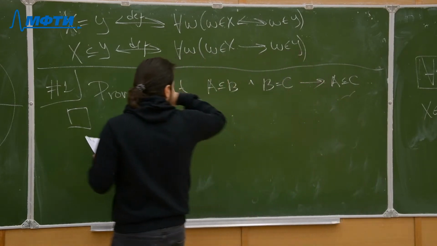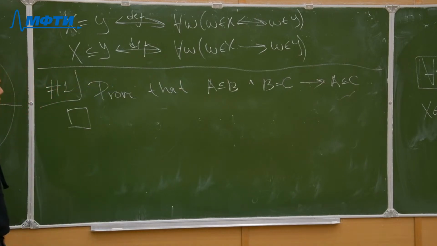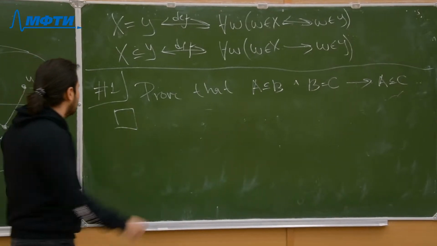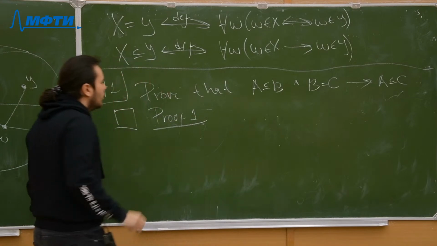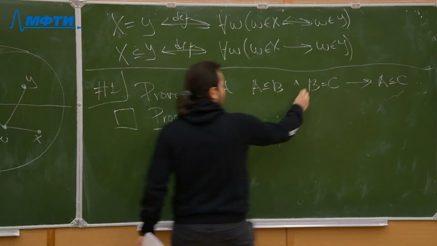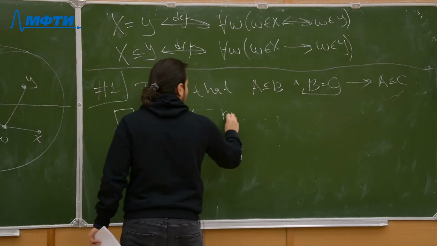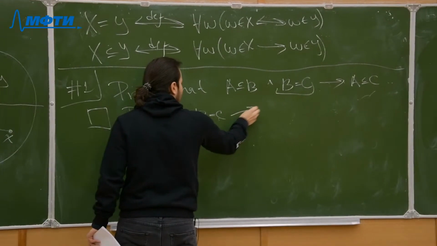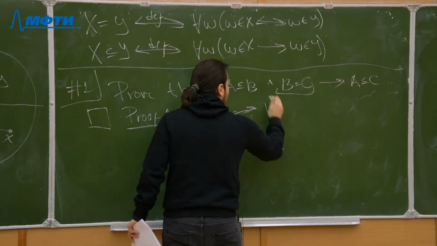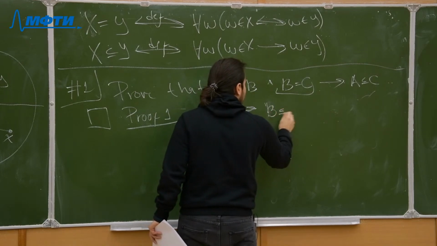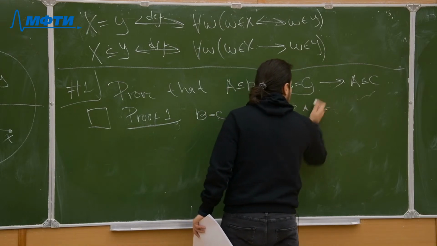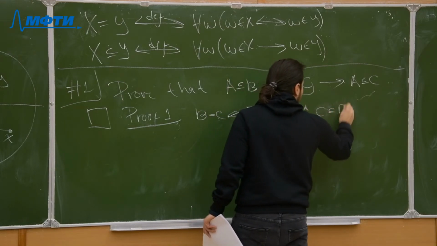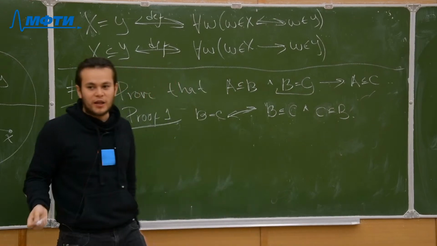So look, how are we going to prove this? Well, there are many different ways. Let's call this proof 1. B is equal to C if and only if B is a subset of C and C is a subset of B, right? You know this from the lecture, I'm sure.